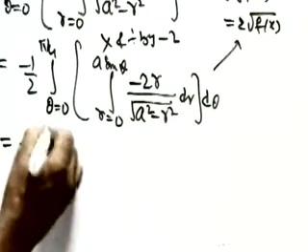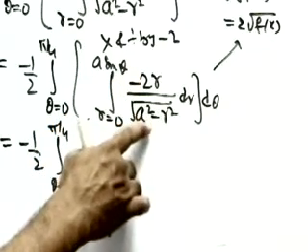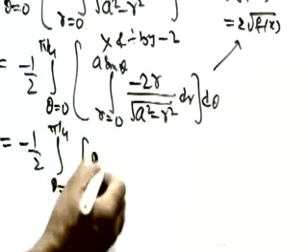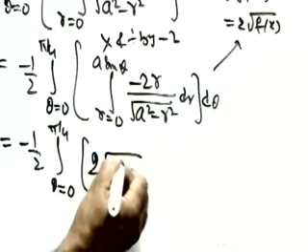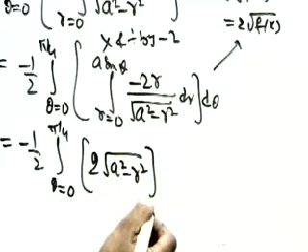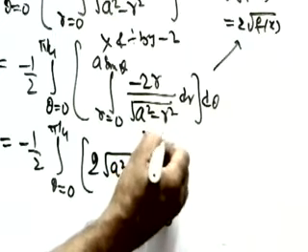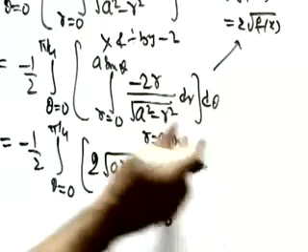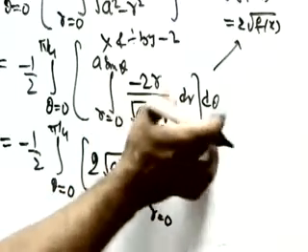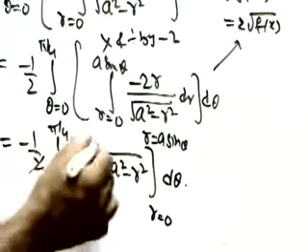So minus 1 by 2 integration theta equals 0 to pi by 4, 2 root under root of a square minus r square. Now after integration, we have to write the values here: r equals 0 to r equals a sine theta. Now we have integrated with respect to r, we write d theta as it is.